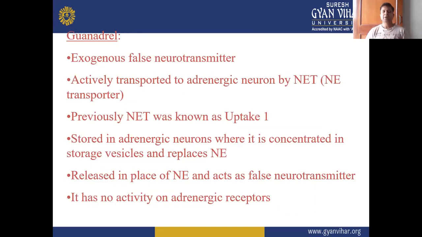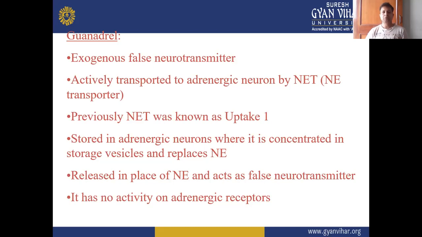Guanadrel. It's an exogenous false neurotransmitter actively transported into the adrenergic neuron by the norepinephrine transporter. Previously, the norepinephrine transporter was known as uptake 1.